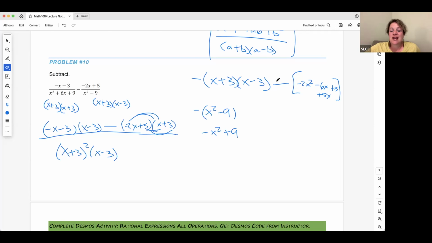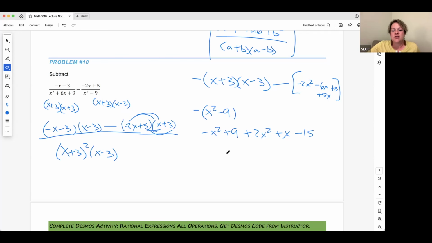So let's take the negative through, distribute that negative. So this would be plus 2x squared plus x and then minus 15. So you're combining like terms to get negative 2x squared minus x plus 15. And then you distribute this negative to get plus 2x squared plus x minus 15.